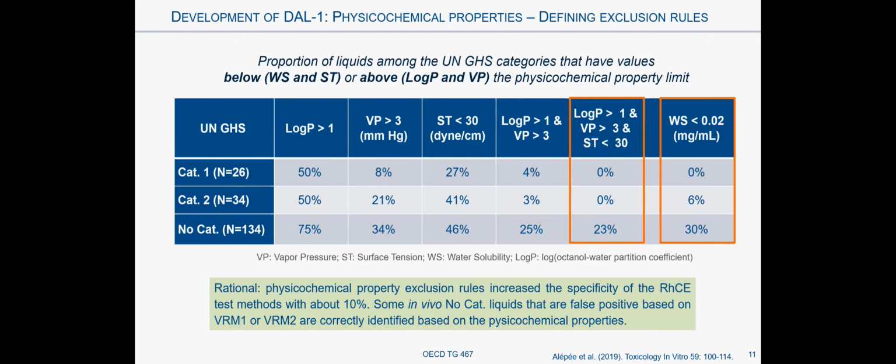Well, if you use the physical chemical properties exclusion rules, then they are correctly identified as no cut. And in fact, by combining the physical chemical property exclusion rules with the RhCE test methods, the specificity of the defined approach increased by about 10%. So that's the reason why the physical properties were used.